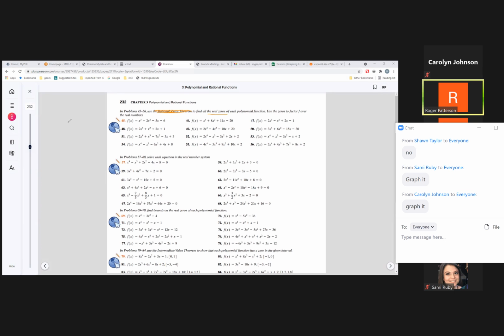So right now, in Desmos, graph number 45, and then tell me what the x-intercepts are. So graph it and find the x-intercepts, because that's what we're doing, finding the real zeros. Hopefully they're nice.